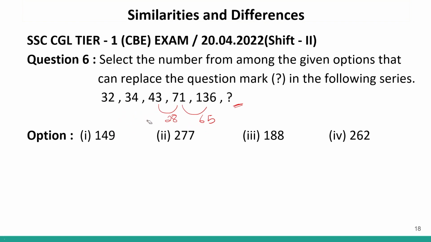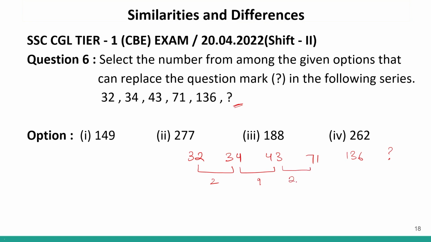So let us try solving it until and unless we find a logic. So this is 32, 34, 43, 71 and 136, and then we have to find the missing term. So this I told you is 2. This was 9. This was 28.